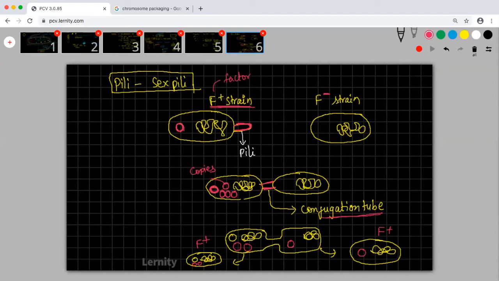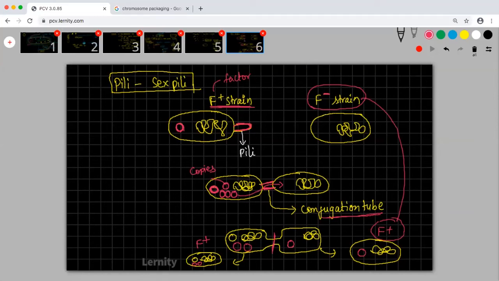One of these plasmids is going from this bacteria to this bacteria through this conjugation tube. Ultimately, one of them has gone here, and after some time the conjugation tube is detached, and this is separating and this is separating. Now this F minus strain of bacteria has transformed into F plus strain of bacteria.